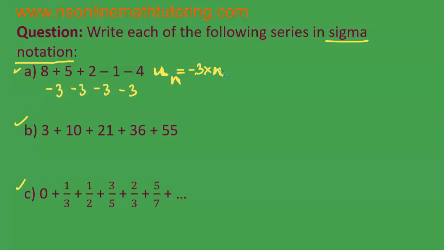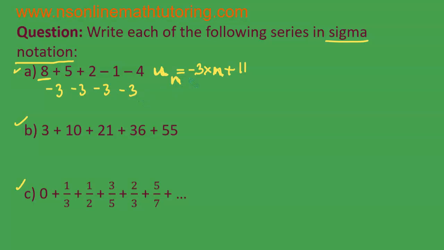N equal to 1 means it is representing the first term. So, when n is equal to 1, negative 3 times 1 is negative 3. But the first term value is equal to 8. How do we get the value of 8 from negative 3? Obviously, we have to add 11, because negative 3 plus 11 is equal to plus 8.